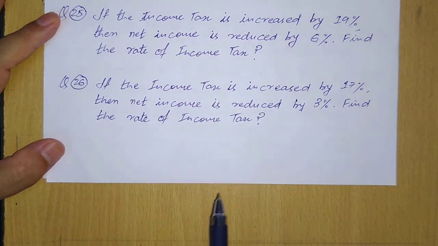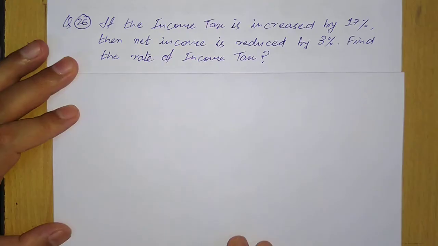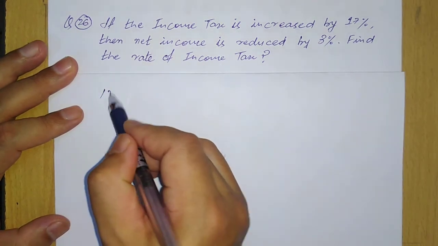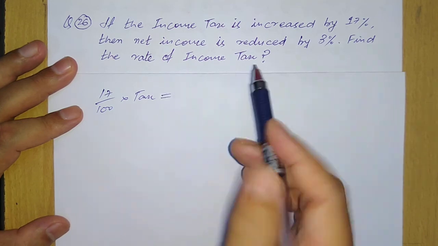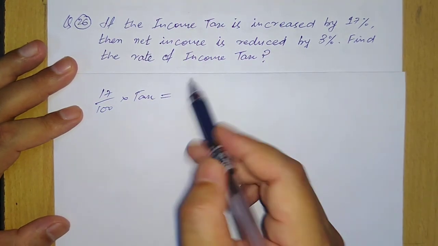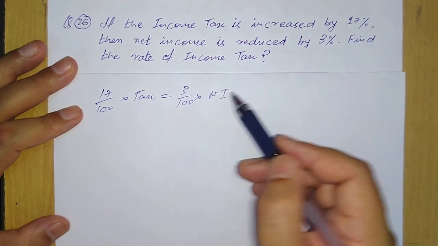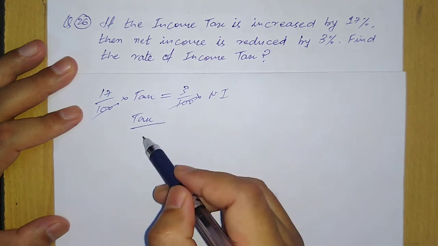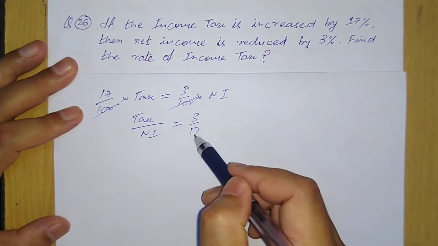If the income tax is increased by 17%, then net income is reduced by 3%. Find the rate of income tax. So 17% of tax is equal to 3% of net income. So tax upon net income is 3 upon 17.